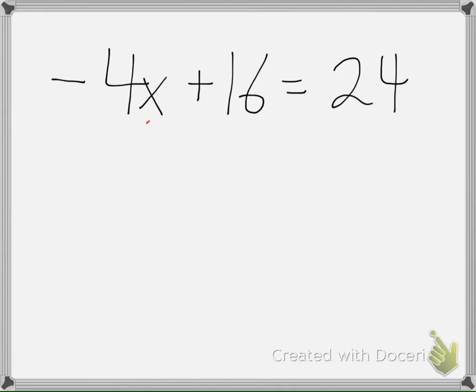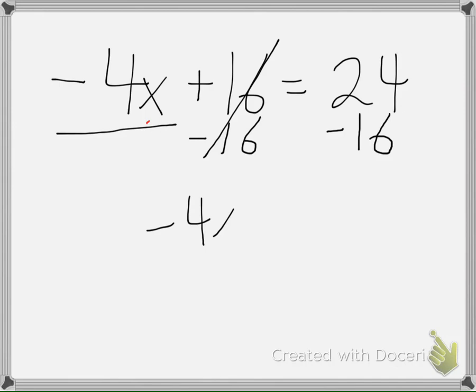So the first thing I'm going to get rid of is the plus 16. So to get rid of that, I need to subtract 16, which means on the other side of the equation, I need to subtract 16. 16 minus 16 just cancels out, leaving me not with x, but with negative 4x.